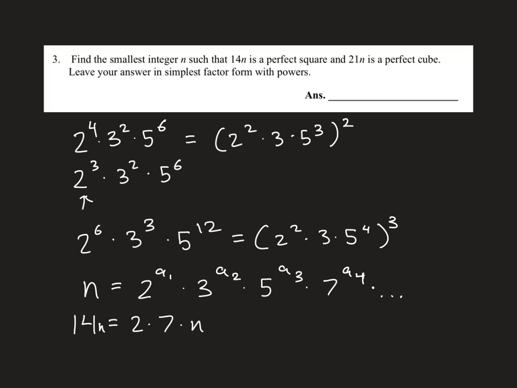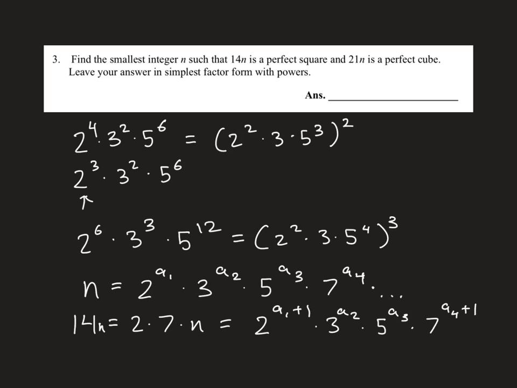So you add 1 to each of those exponents. So then you have 2 to the a1 plus 1 times 3 to the a2 times 5 to the a3 times 7 to the a4 plus 1.